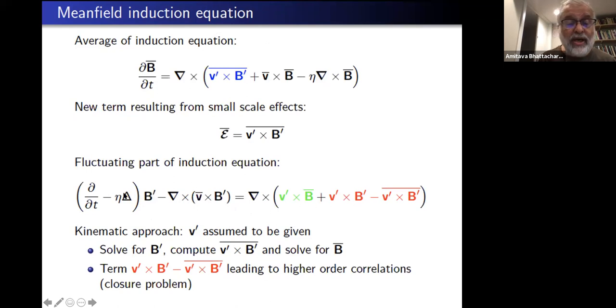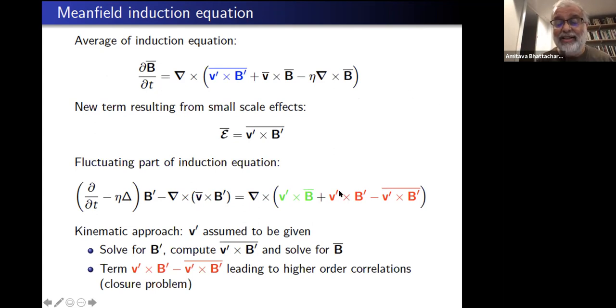If I can somehow solve for B prime, given a certain mean B field, and plug it in, then I'll find an equation for the mean evolution of B and I'll have the dynamo problem solved.